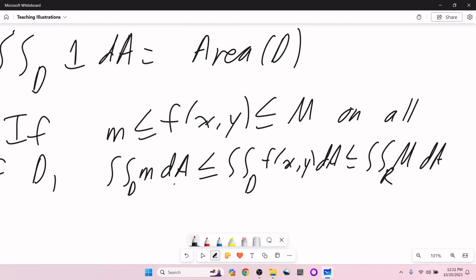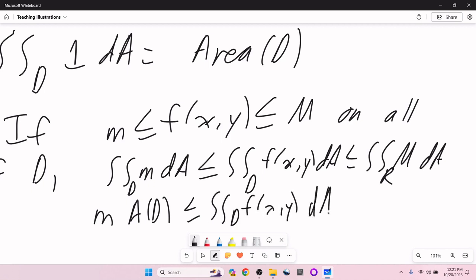And then the linearity says we can pull the m out. And then this double integral gives us the area. So this becomes m times area of D less than or equal to the double integral across D of f of x, y dA, which is less than or equal to capital M times the area of D.